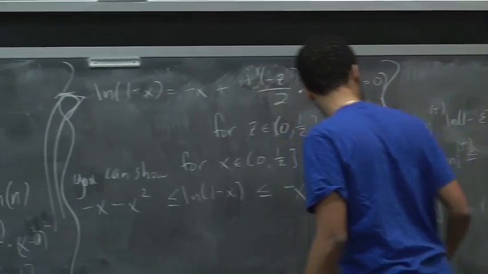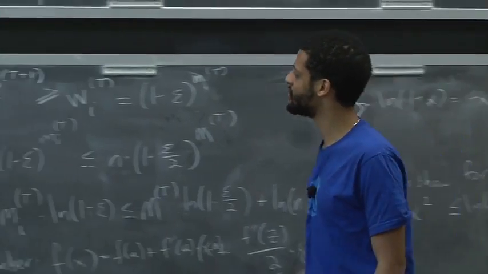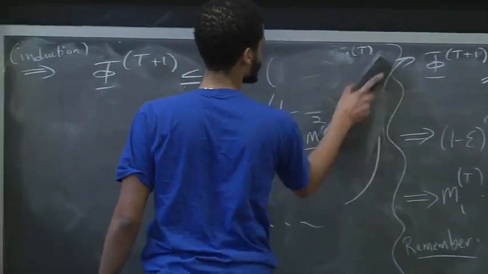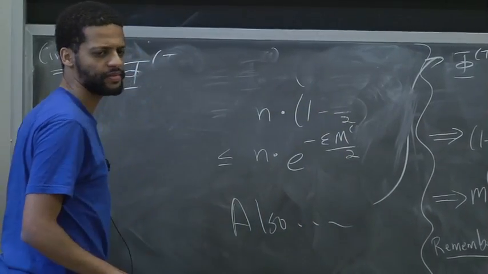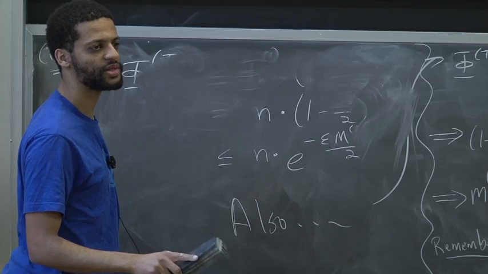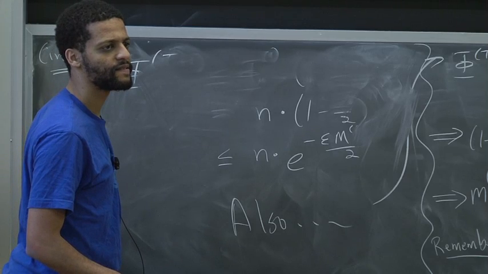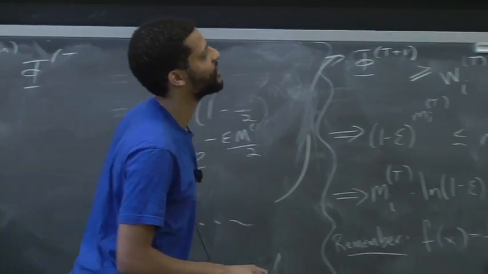So again, we want to be competitive with the best expert. Before I start proving things, you got a question? How do we normalize the proportion?